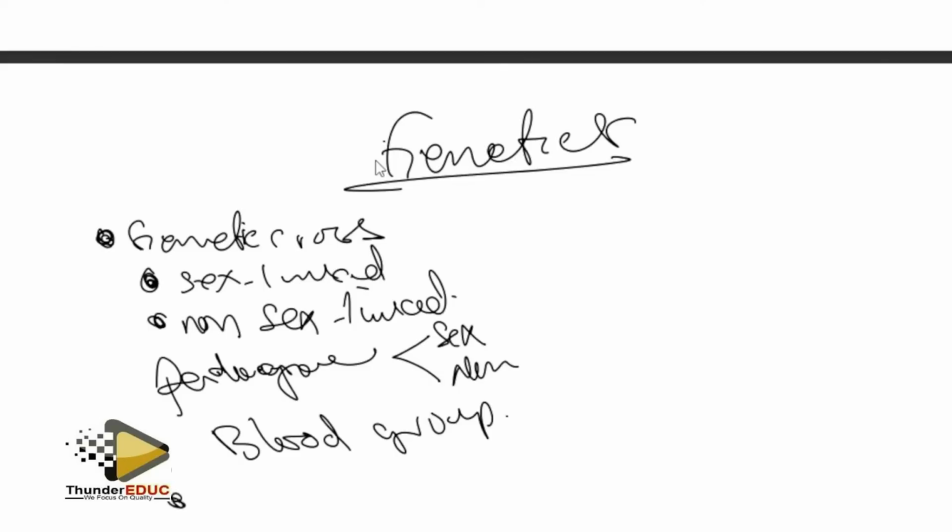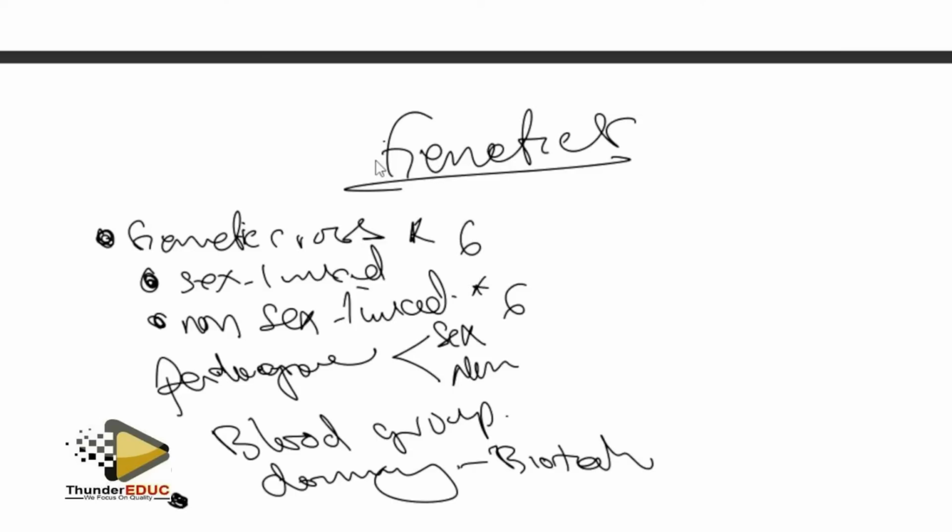And then lastly, cloning. Here we are going to talk about biotech. All these questions are 6 marks. I'm not saying this is all I'm going to talk about. These are questions which come with 6 marks. So if you mess them up, you lose.